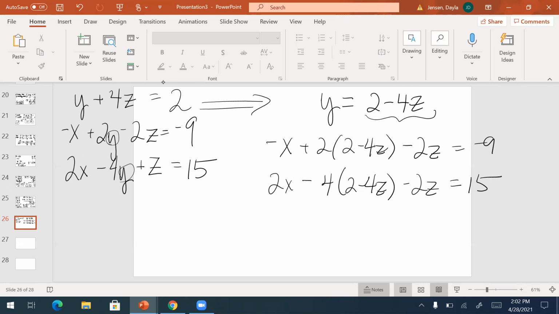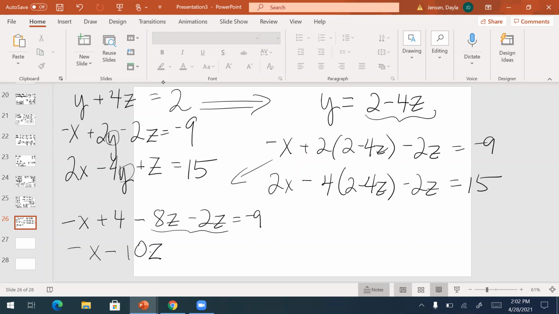So now I need to simplify these. I'm going to come over here with this one. Negative x plus 4 minus 8z minus 2z equals negative 9. So that gives me a negative 10z here. And so I have minus x minus 10z, and subtract 4 from both sides, equals minus 13.